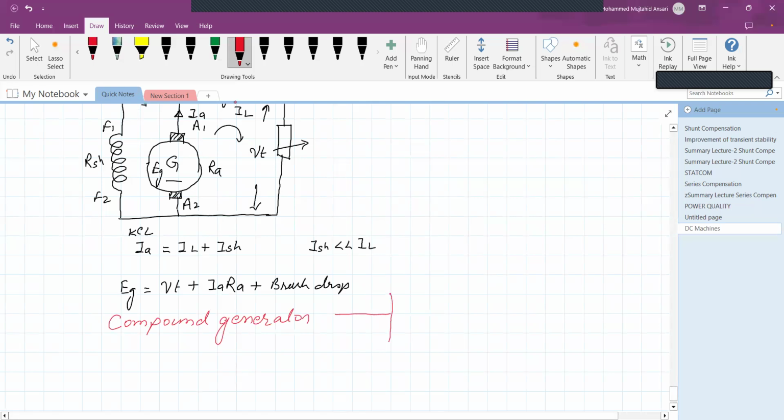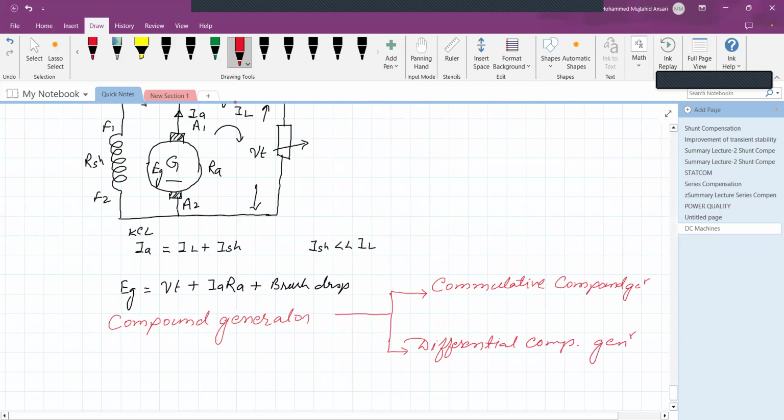One is the cumulative compound generator, and the second is the differential compound generator.